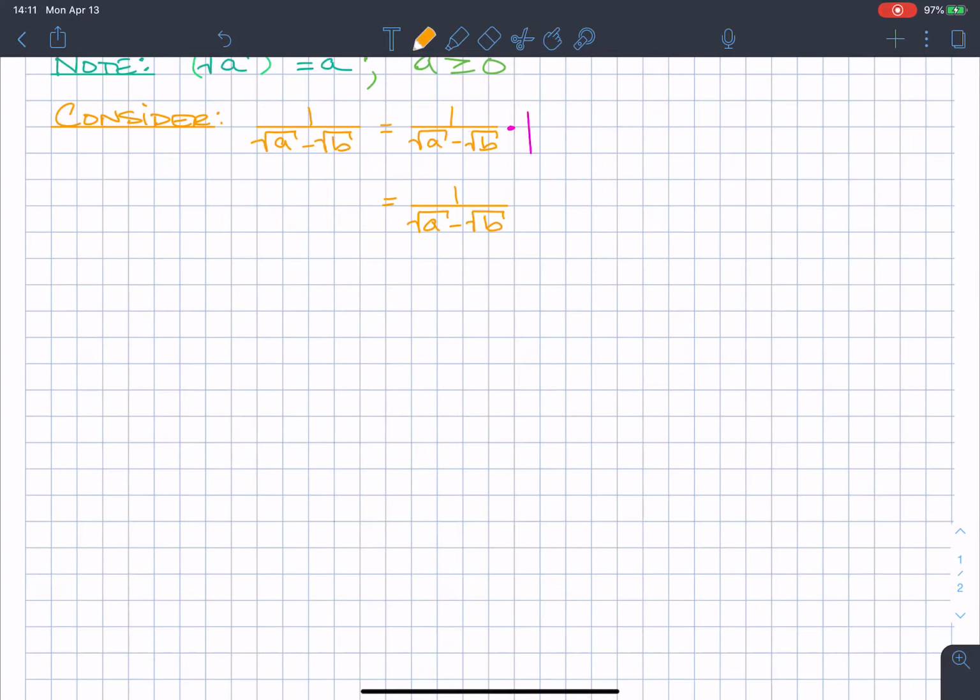So we have 1 over the square root of a minus the square root of b. And I'm going to make that 1 what's termed the conjugate of what's on the bottom here. So anything divided by itself is 1. So I'm going to say, how about the square root of a plus the square root of b divided by the square root of a plus the square root of b. I'm allowed to do that as long as whatever I'm multiplying by is the same as 1.